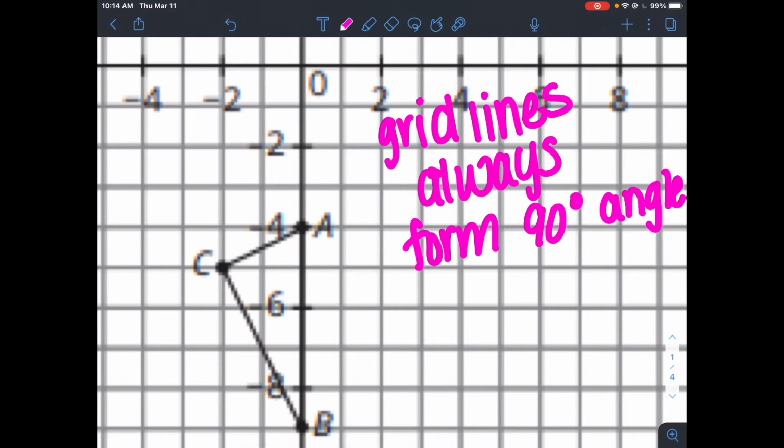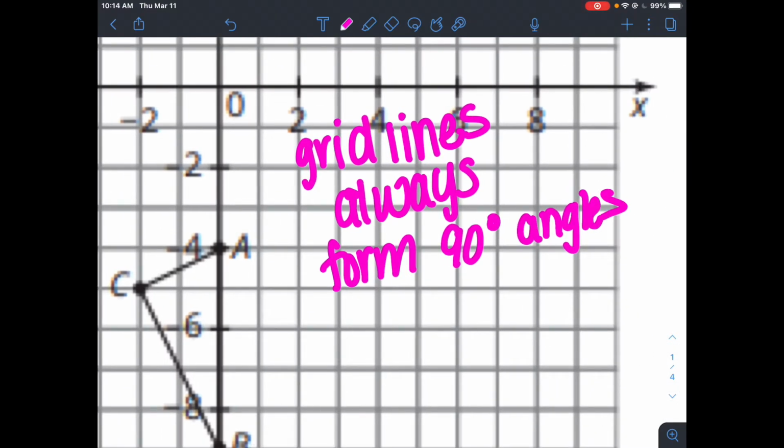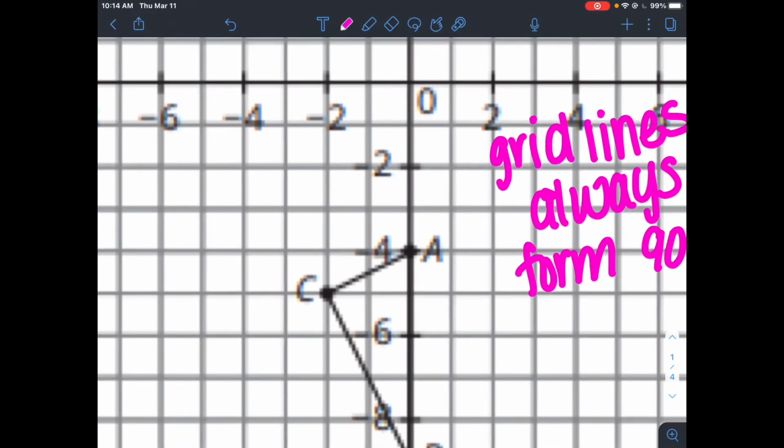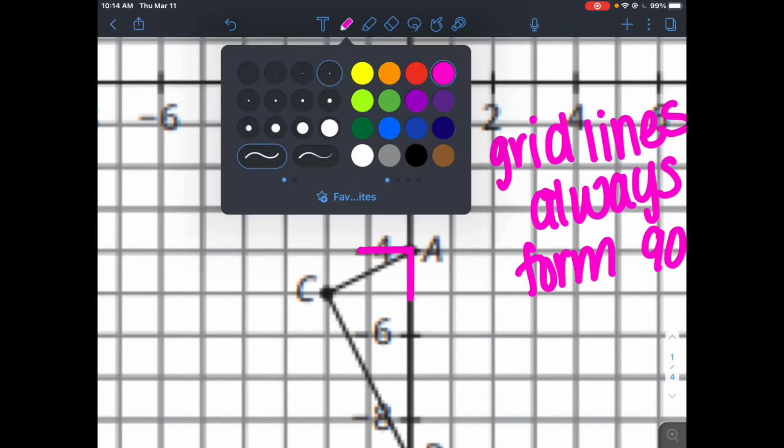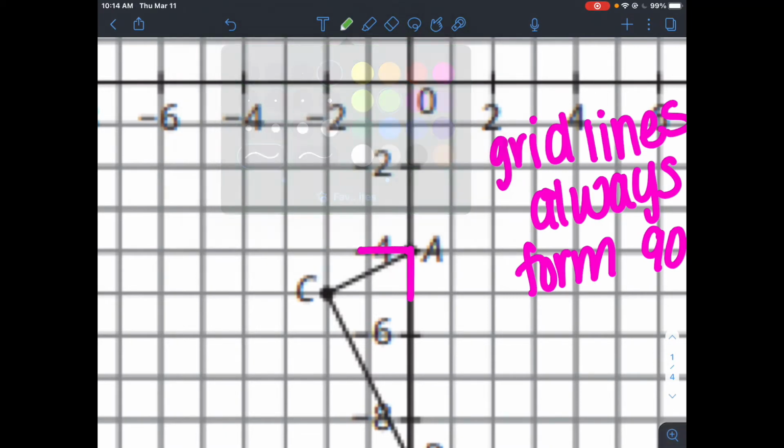So if I wanted to determine quickly from a graph perspective if I had a right angle, an acute angle, or an obtuse angle, I could look at these grid lines. This grid line right here forms a 90-degree angle. So pink is my grid lines. Then if I switched colors to something else, green I'm going to signify as angle A, okay?